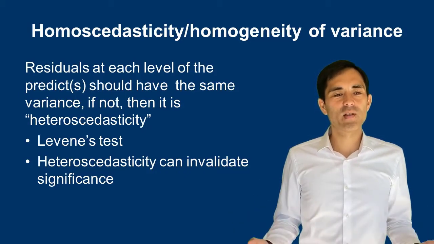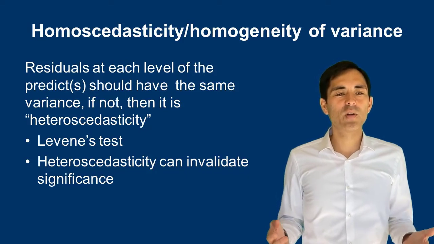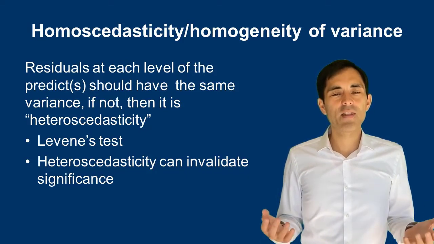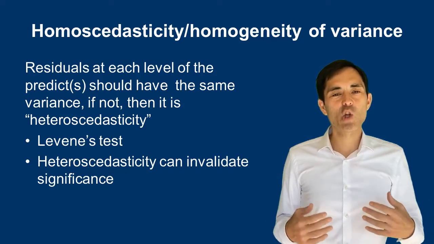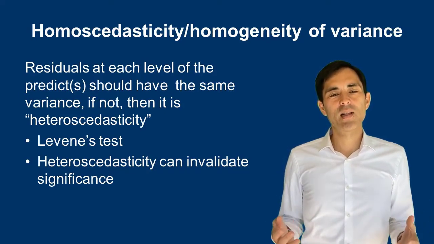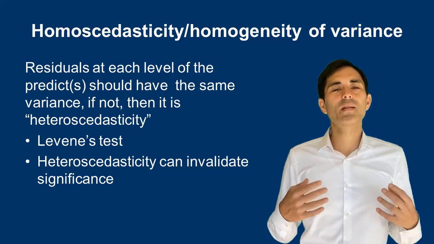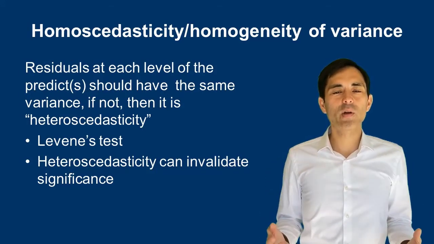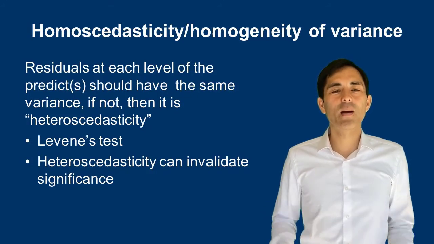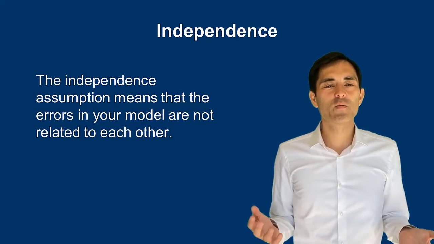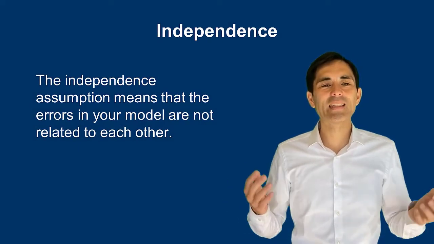In most statistical programs, it will automatically compute Levene's tests, and then you can see whether it's met or not. And if this assumption is not met, then the results might not be robust, or some statistical programs provide you different statistics that are more robust if this assumption is violated. That's also a very important assumption for most multivariate statistical analysis.